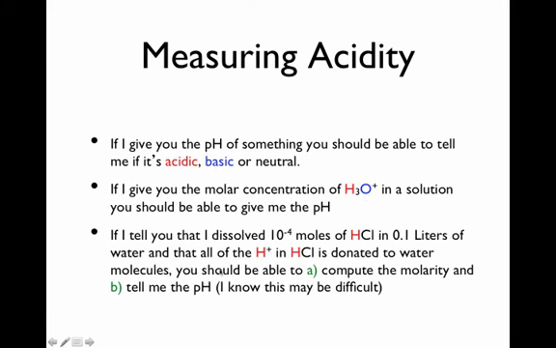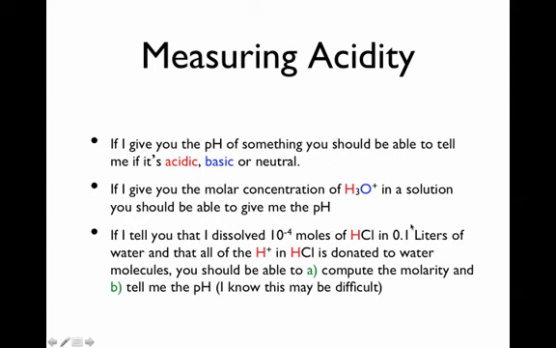And then finally, this bullet point is a more complicated version of bullet point number 2. In other words, if I tell you that you dissolve 10 to the -4 moles of hydrochloric acid in 0.1 liters of water, and that all of the H plus in the hydrochloric acid is donated to water molecules because HCl is a strong acid, you should be able to compute the molarity, and that would be just moles divided by liters.